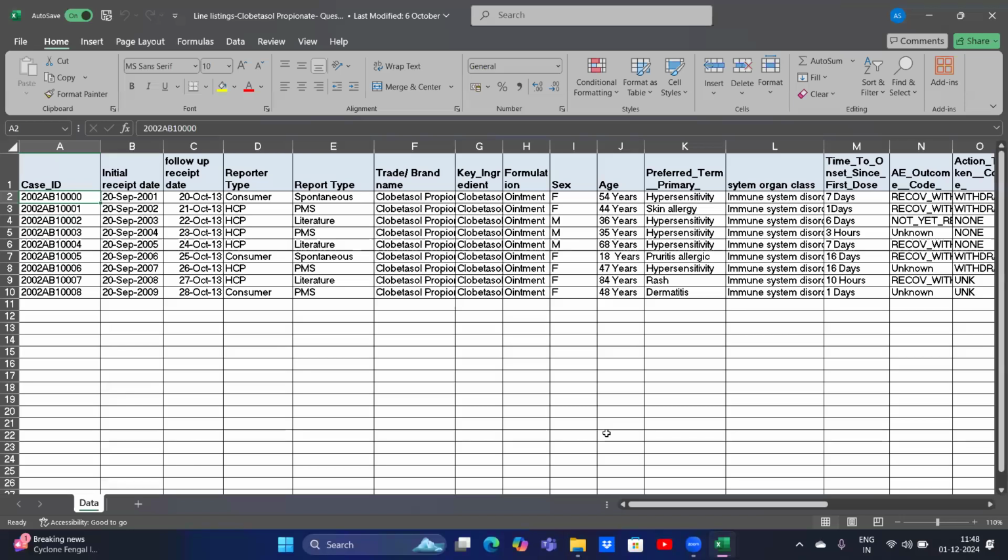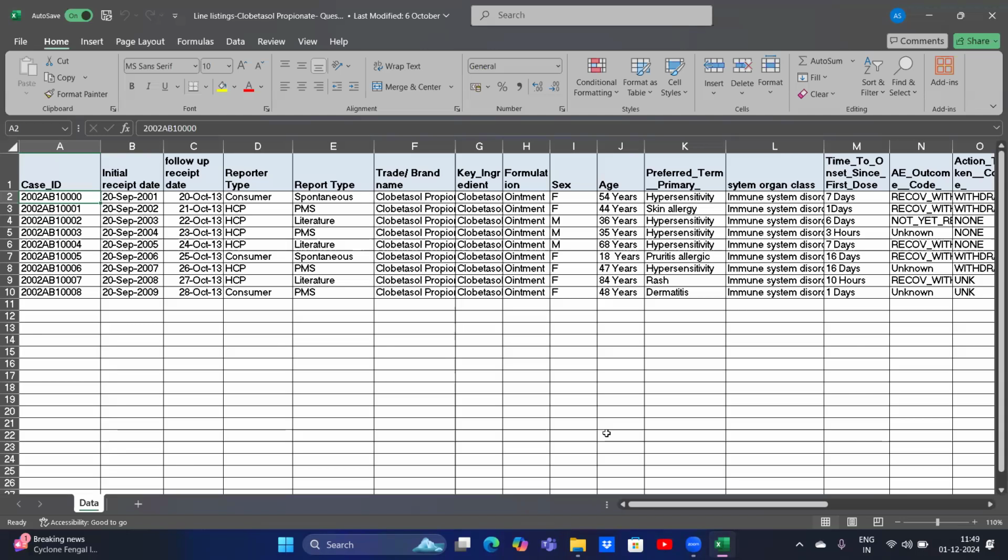Now you have to analyze these cases. So the first paragraph, as I told you for important identified risk, covers the type of report: how many are initial, how many are follow up. If it is a follow up, and something is mentioned about your drug and your event hypersensitivity, then you include it, otherwise you can exclude those.